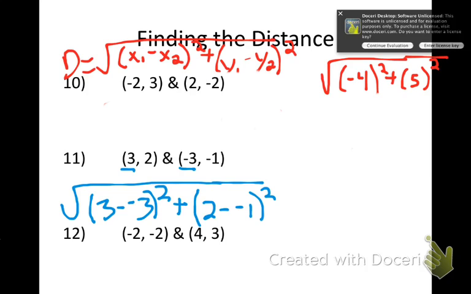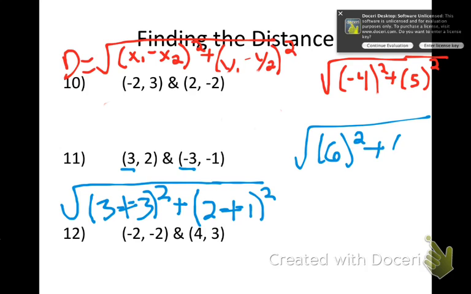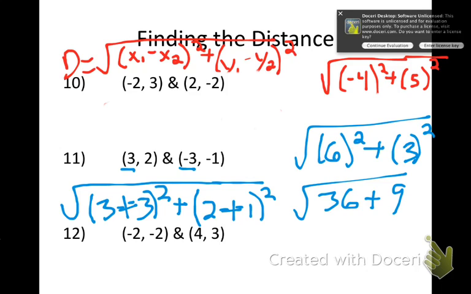Well, 3 minus a negative 3 is really just 6, so I get 6 squared plus 2 minus a negative 1 is really just 2 plus 1, giving me 3 squared. 6 squared is what, Camden? 36. 3 squared is what, Camden? 9. 36 plus 9 is what, Camden? Oh, sorry, 45. And again, our last step is always taking that square root.